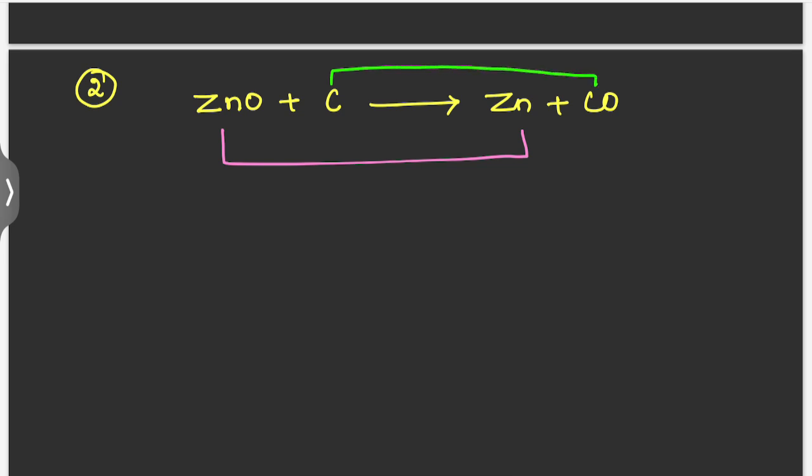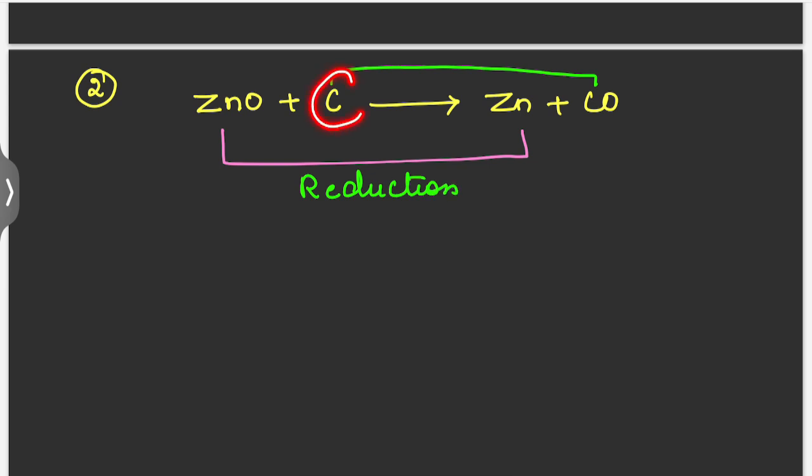This is how the comparison should be made. First let us check zinc oxide with zinc. What has happened here? Zinc oxide is converted into zinc. During this there is a removal of oxygen, and then zinc is formed. Removal of oxygen is called reduction. So you will write here reduction.